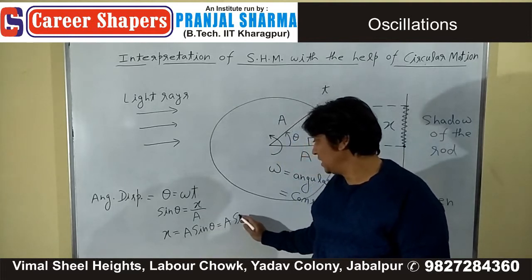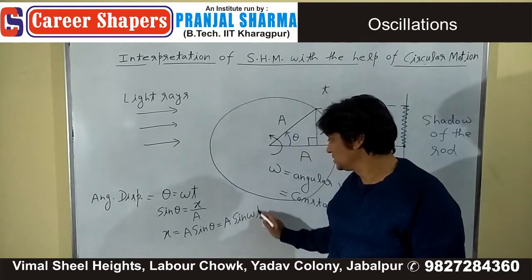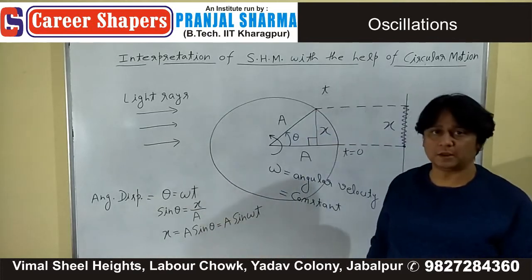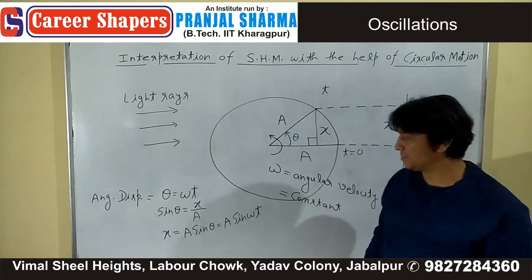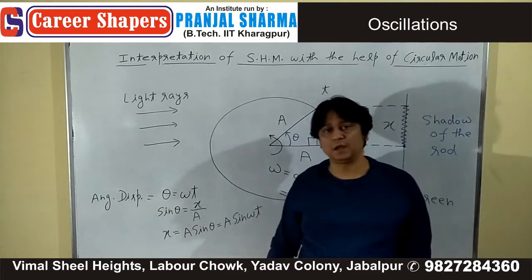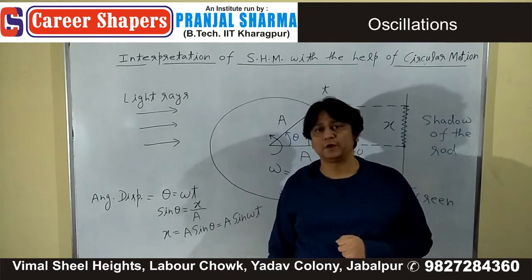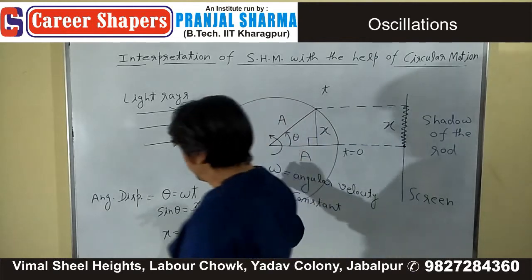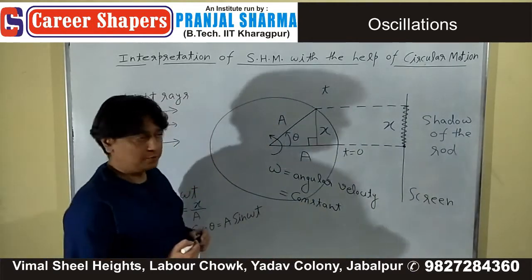And what is theta? Theta is omega t. So x equals A sine omega t. I hope you remember x equals A sine omega t is the case when the object starts from mean position and aims for the positive amplitude.